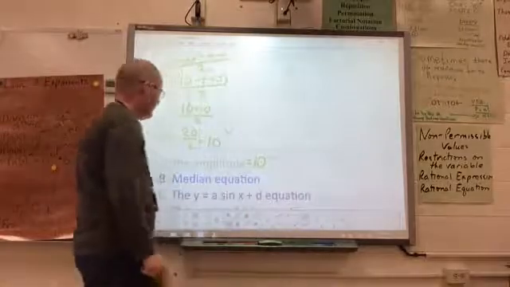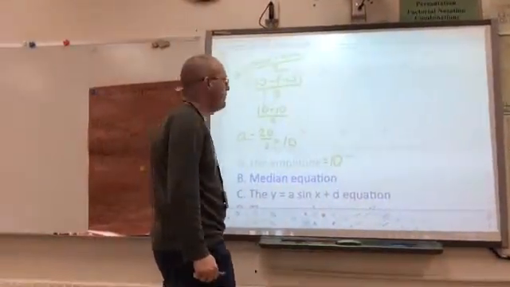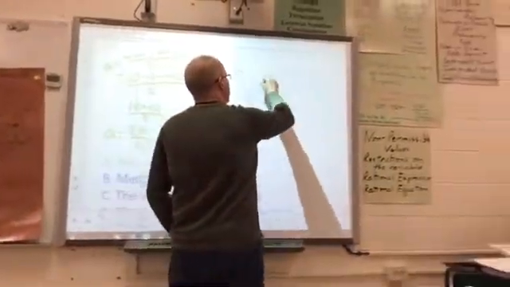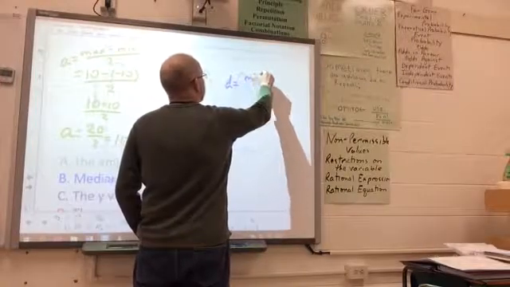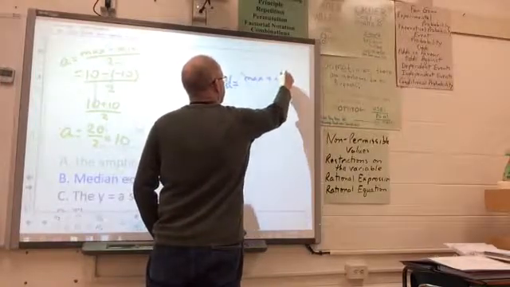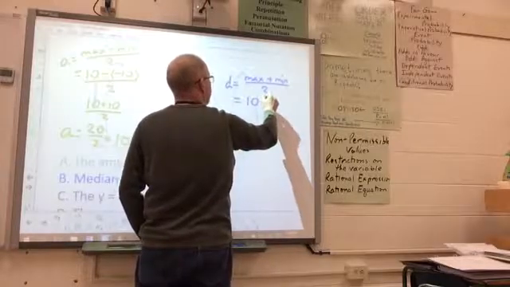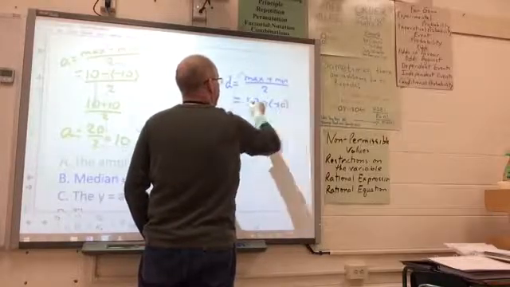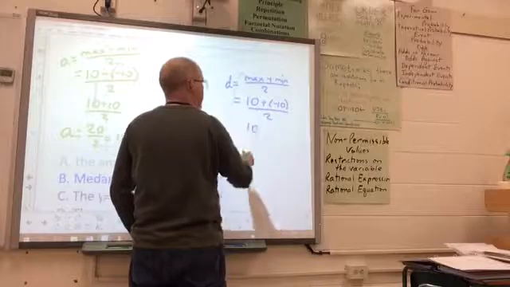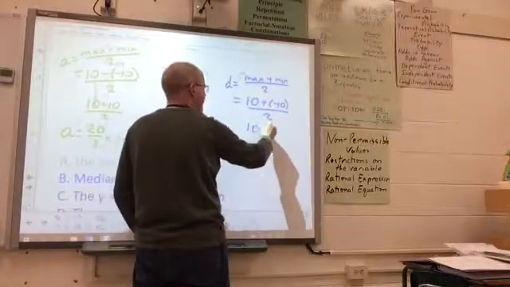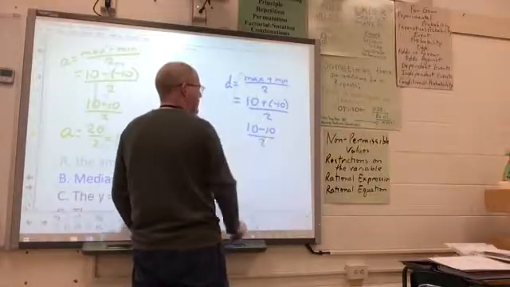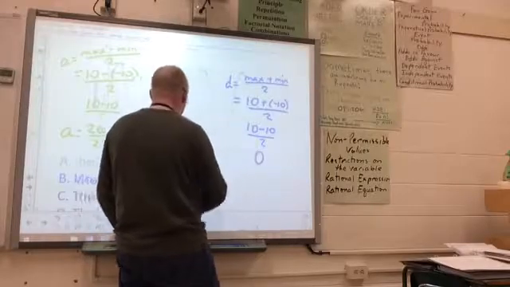So A equals 10. What is the median, or the middle? D equals max plus min over 2, which is 10 plus negative 10, that's 10 minus 10. 10 minus 10 is 0.